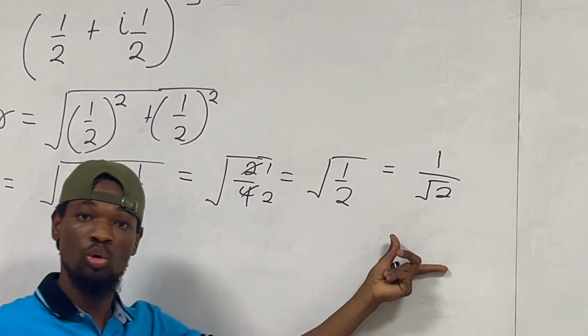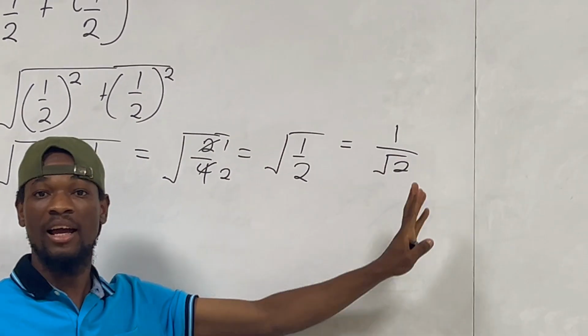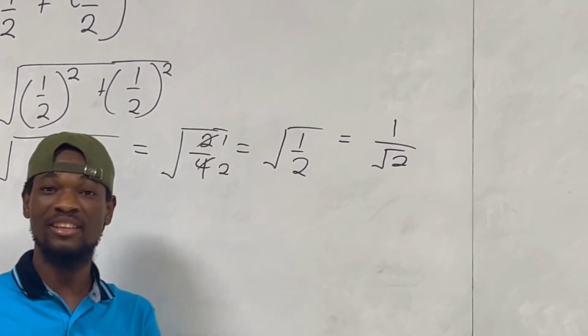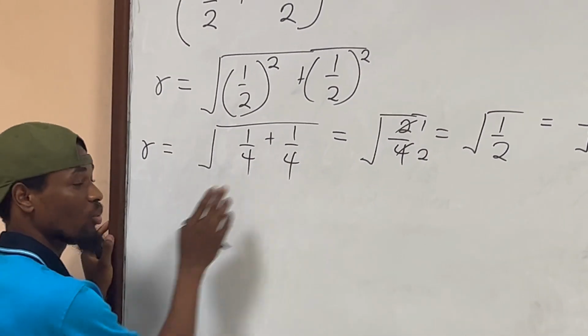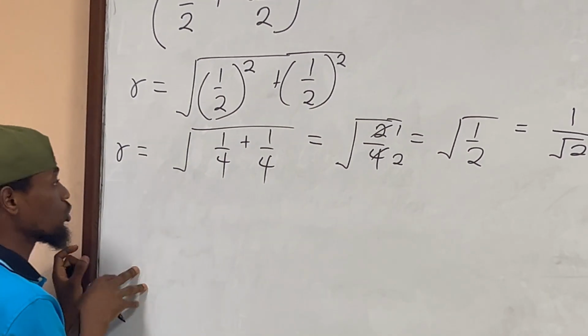This is my modulus. You can decide to rationalize, you still get the same answer. So we've gotten r to be 1 over root 2.